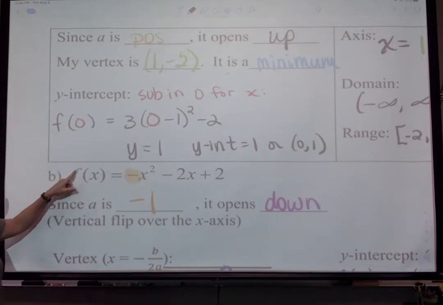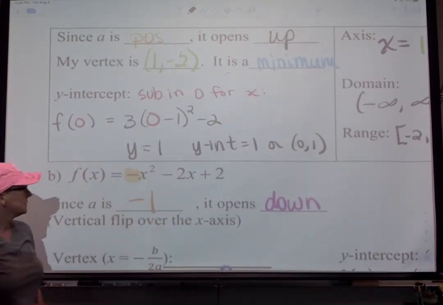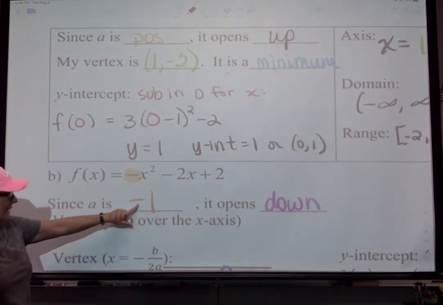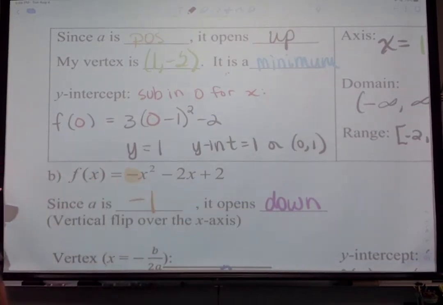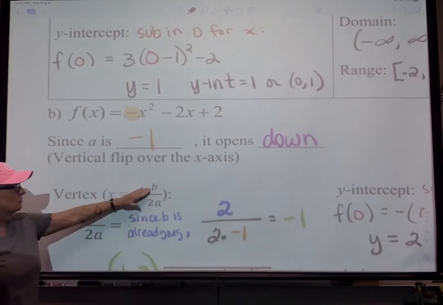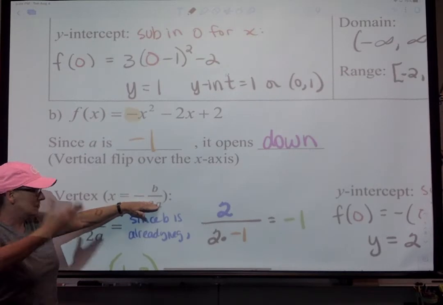All right, next one. This time it's in polynomial form. My leading coefficient, A, is -1, therefore it opens downward. Vertex, all day. We've got some work to do on the vertex. This is the little formula to find the equation for your axis of symmetry.